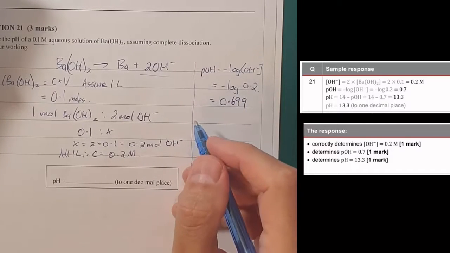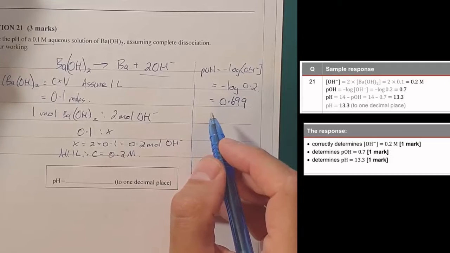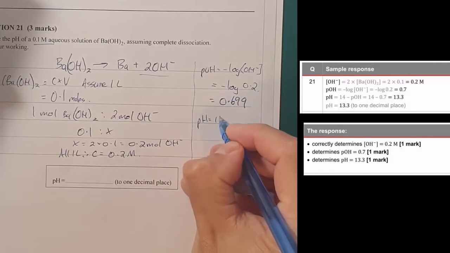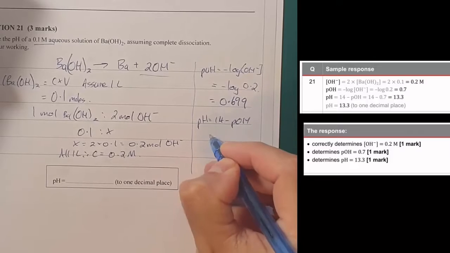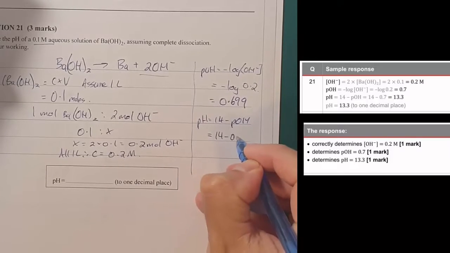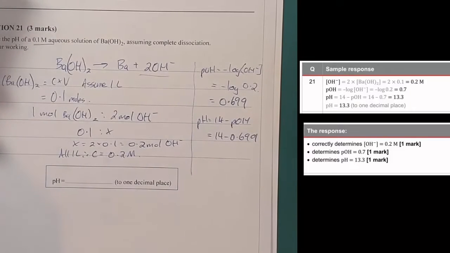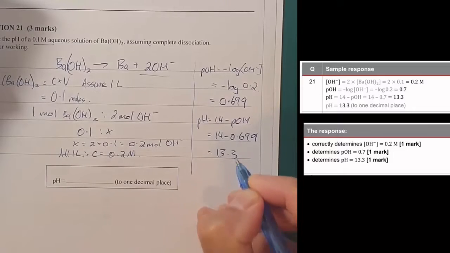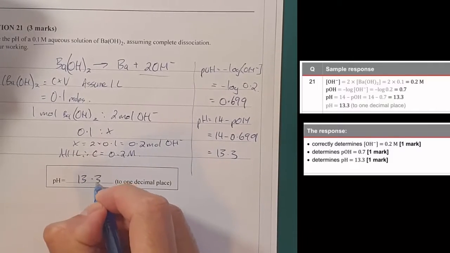Stick with three figs for these things, and so pH equals 14 minus pOH equals 14 minus 0.699. So just add 14 to that, and that'll give us 13.3 to 1 decimal place.